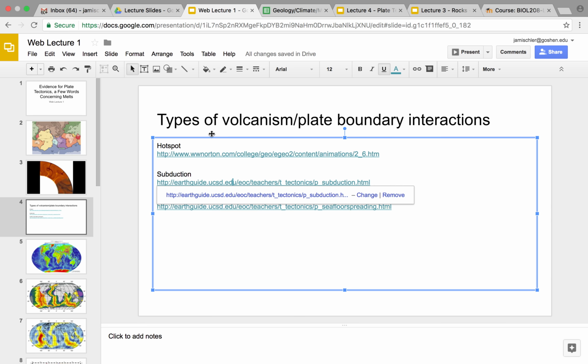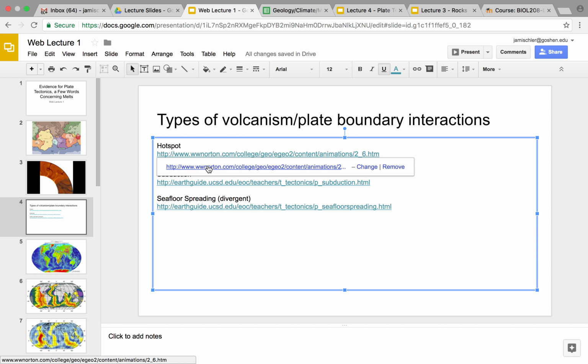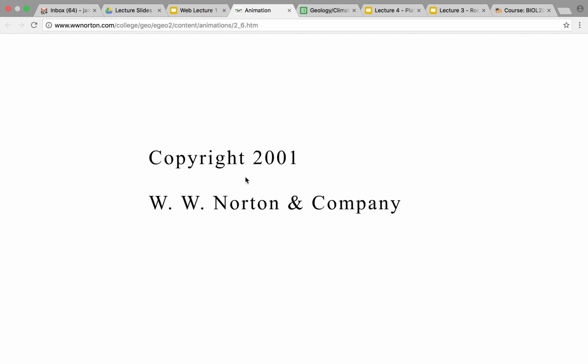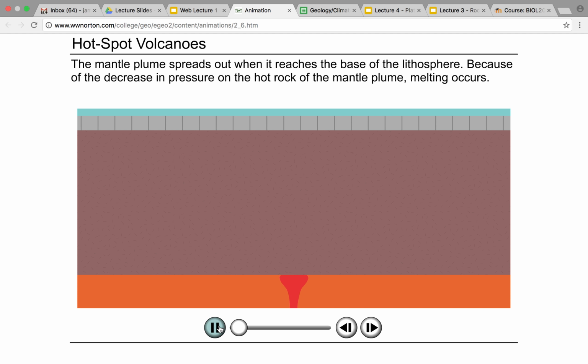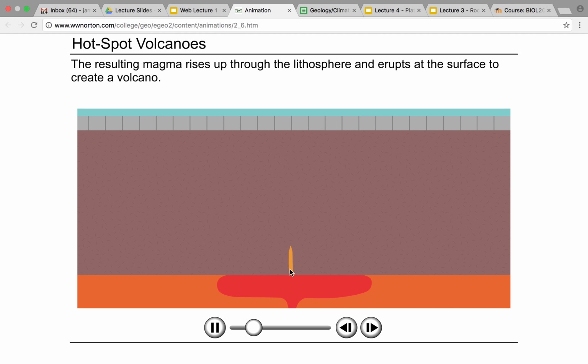So when you think about that versus the hotspot situation, which is in Hawaii, you've got a hotspot causing melt at the base of the crust here, and once that melt forms, it's coming up through oceanic crust.